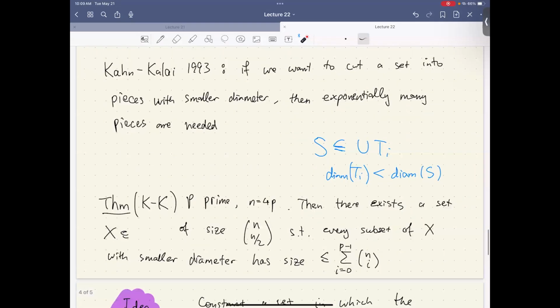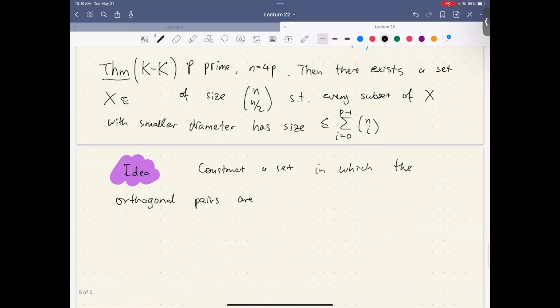But if here we can somehow show that the orthogonal pairs are the ones that realize the diameter, in other words, orthogonal ones are the ones that are furthest apart, then we are done, right?